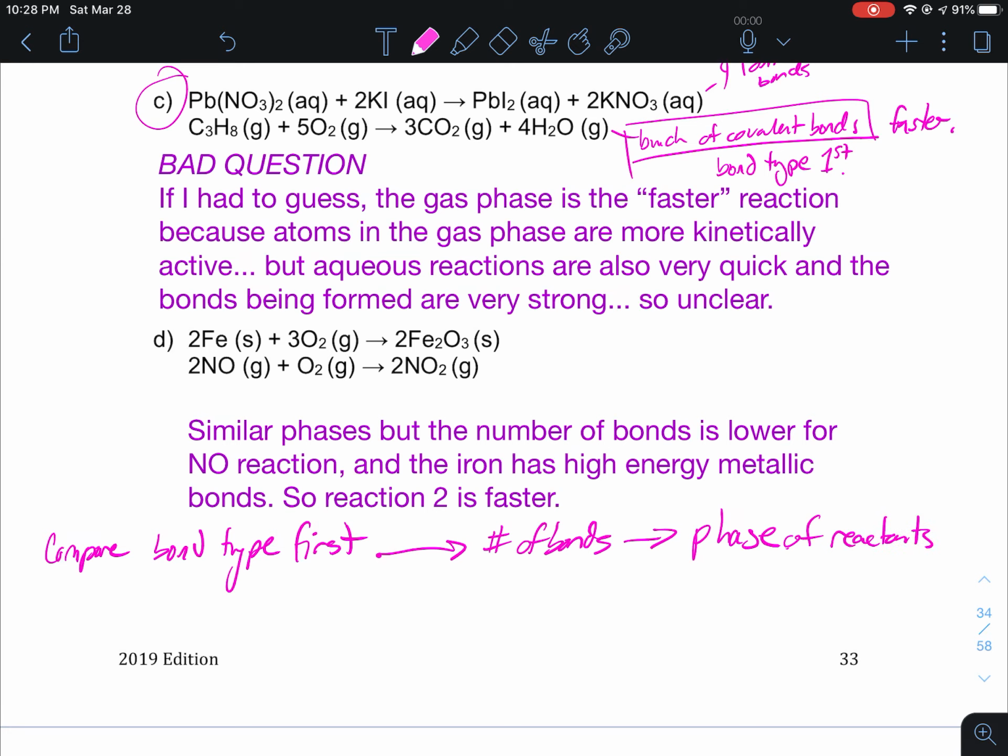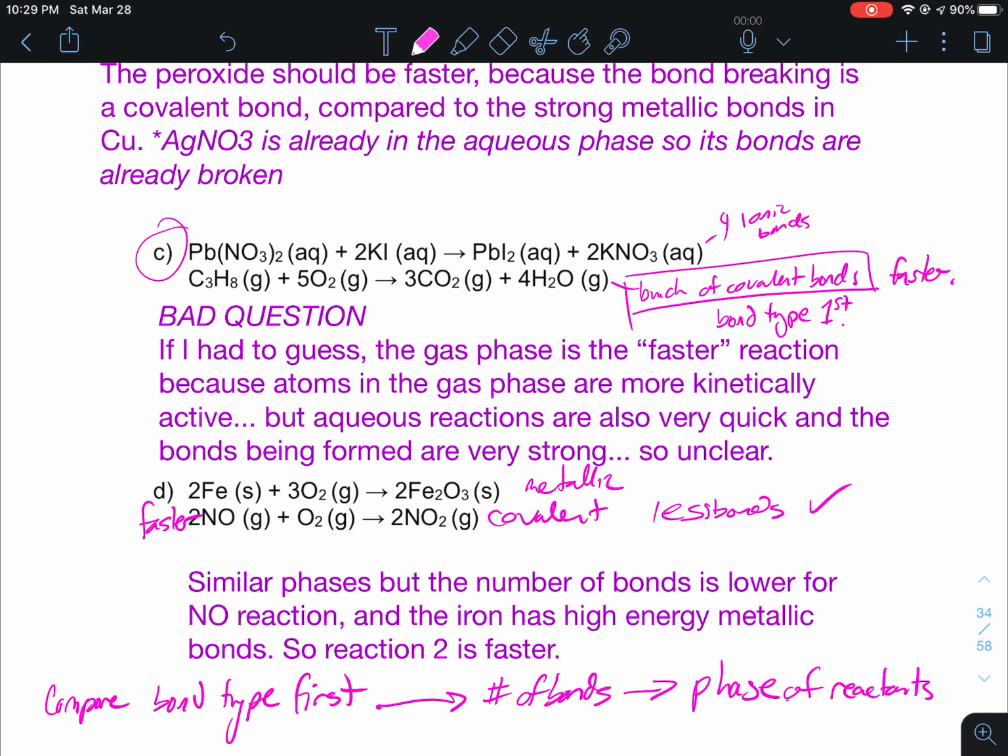So how about that? So here we would say we compare these two. This one's covalent, metallic, and also we have less bonds. So this one is faster.